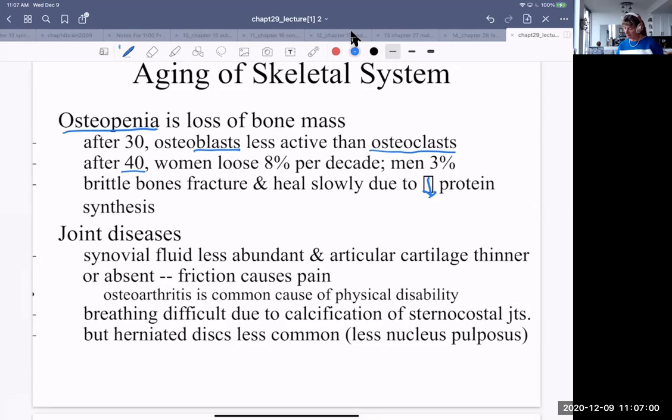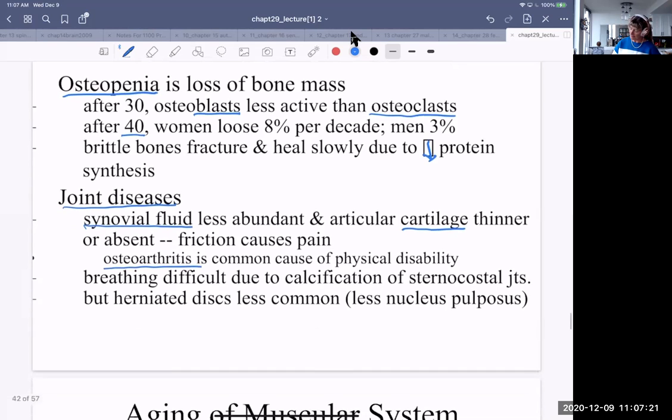Joint diseases occur because synovial fluid, which is the fluid between joints, is less abundant, and the cartilage between joints that keeps the bones from rubbing together is thinner or absent, and friction may cause pain. Osteoarthritis is a common cause of physical disability.